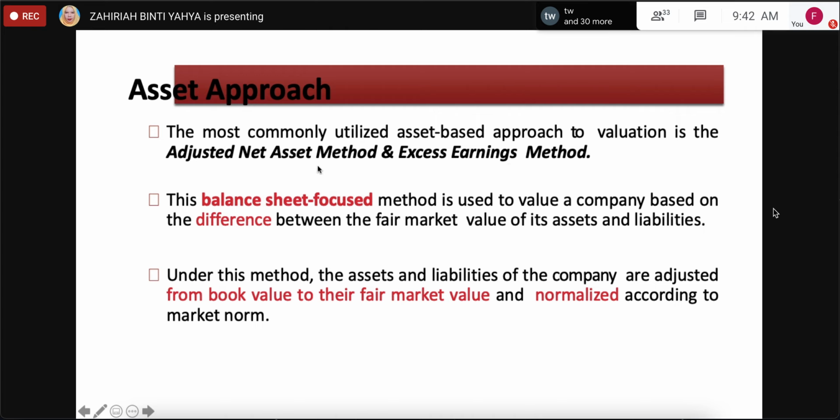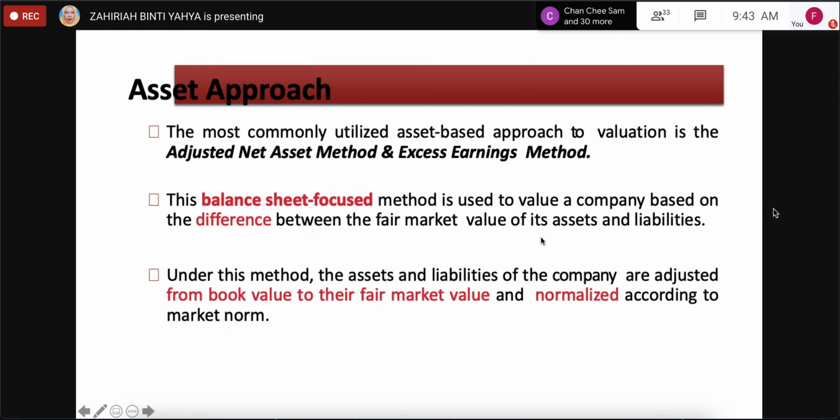Adjusted net asset method ni ANAM. Okay, so the balance sheet focus method is used to value a company based on the difference between the fair market value of its asset and liability.